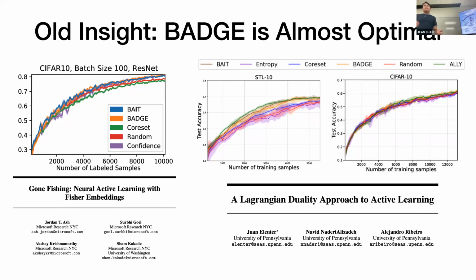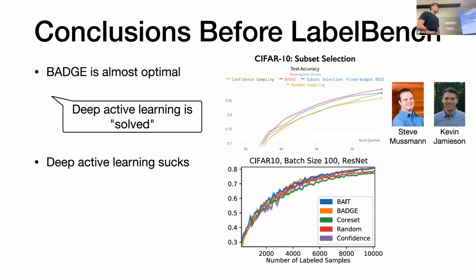That may be significant if you're labeling millions of labels, but it's not that impressive, right? And so working in this field is very depressing. So the conclusion before LabelBench was, well, Badge is almost optimal.